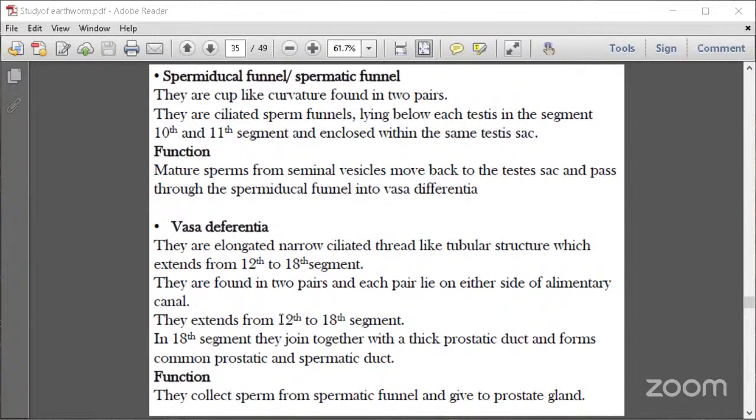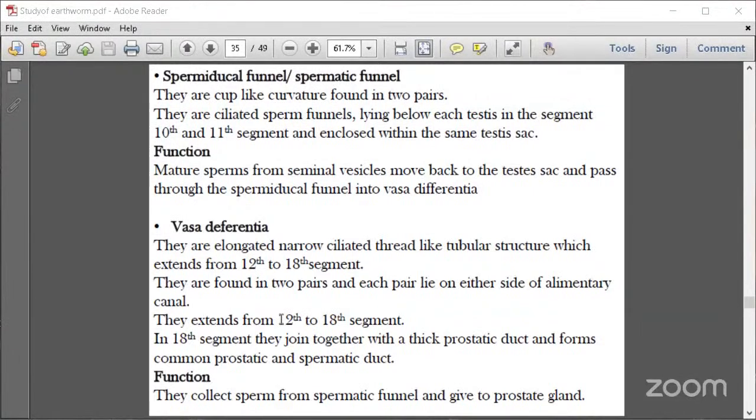And the vasa deferentia are elongated, narrow, ciliated, thread-like tubular structures which extend from the 12th to the 18th segment. They are found in two pairs and each pair lies on either side of the alimentary canal. In the 18th segment, they join with the thick prostatic duct and form a common prostatic and spermatic duct.